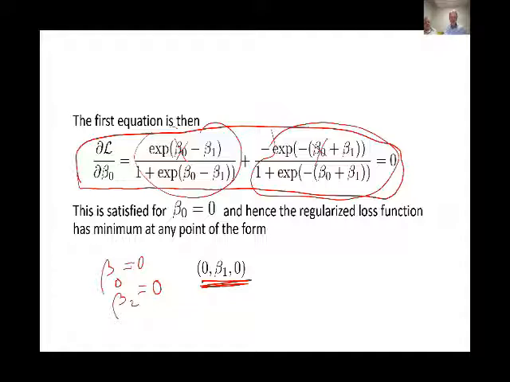And so what is the separating line that this point here, this beta here, defines? Well, that's beta 0 plus beta 1x plus beta 2y equal to 0.